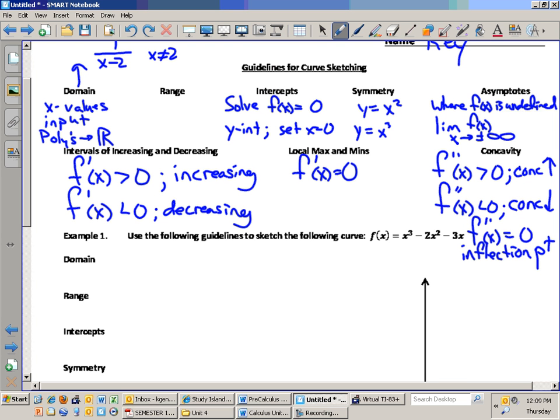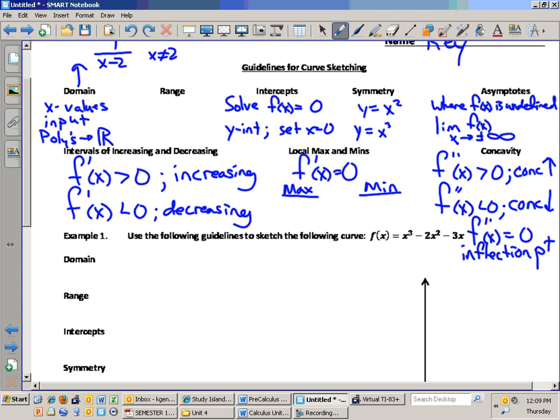And we can also use this concavity to finish off our notes here real quick. We'll use our concavity to tell us something about a max and a min. If you have a max, is it concave up or concave down?